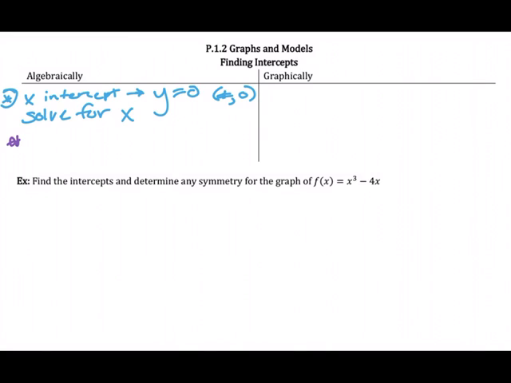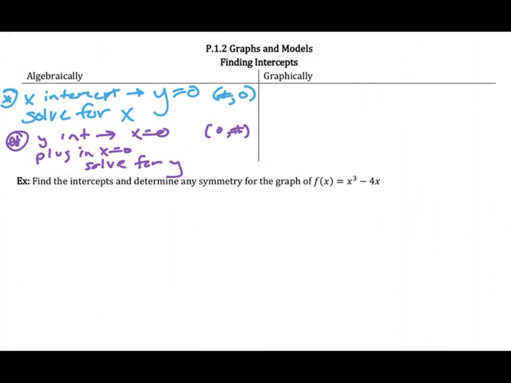So the y-intercept, how do we find that algebraically? Well, we would let x equal 0, and we would be looking for points, 0 comma a number. So plug in x equals 0 and solve for y. This is how we would algebraically find the intercepts using a function.